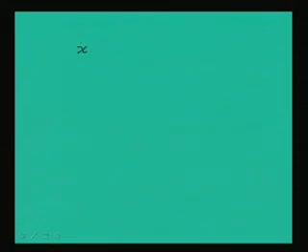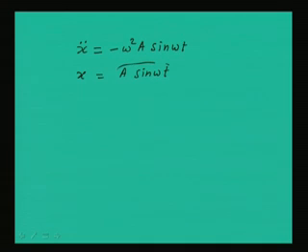So, in this particular case, if you see the acceleration which we have expressed is this, and the displacement was a sin omega t. So, if we combine these two expressions, because you can see this term is present here, we are able to write this as minus omega square x.